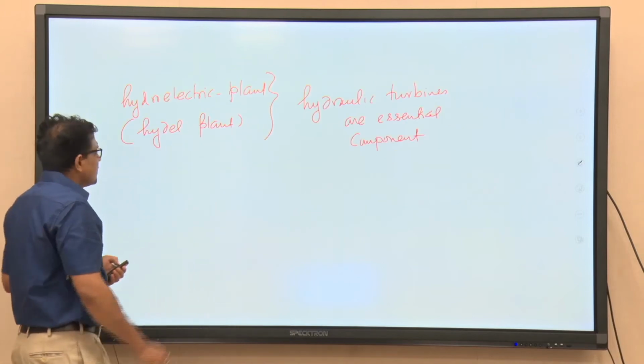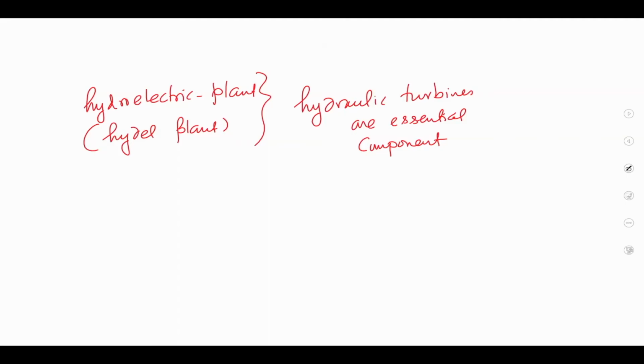So, depending on the head available, this hydraulic turbine can be classified into two broad categories. I am writing hydraulic turbine, okay.